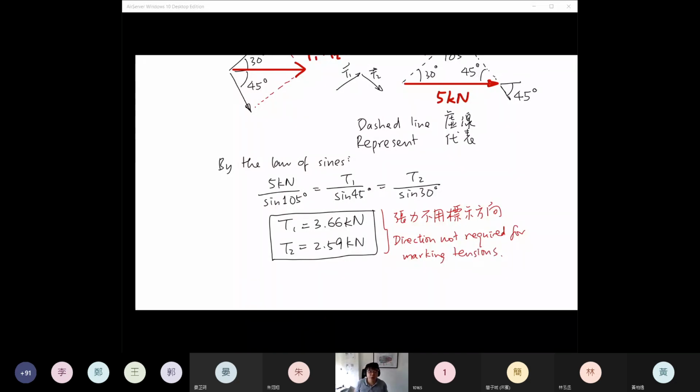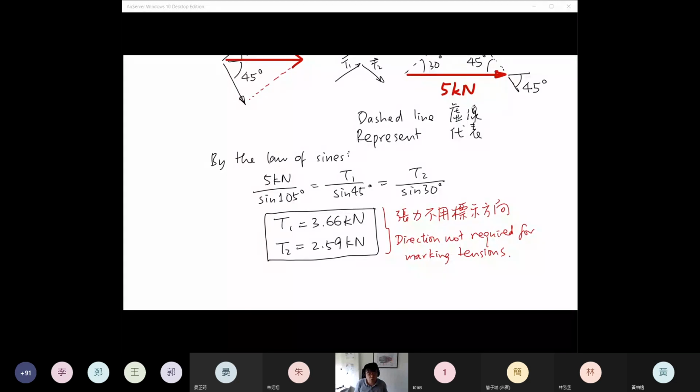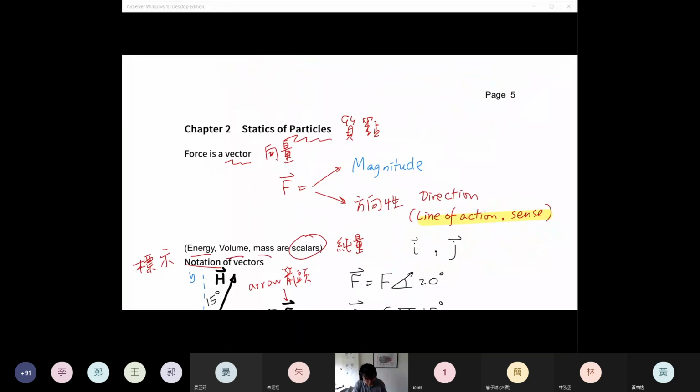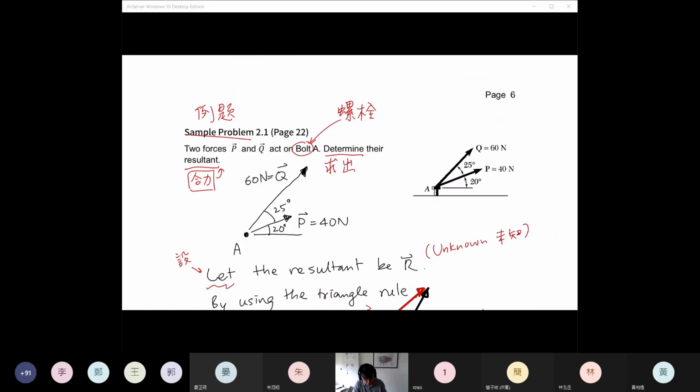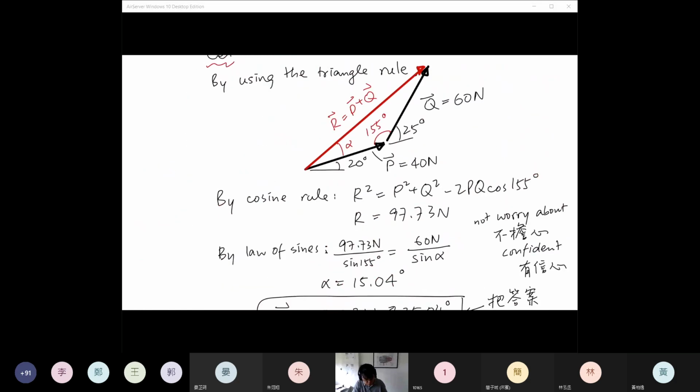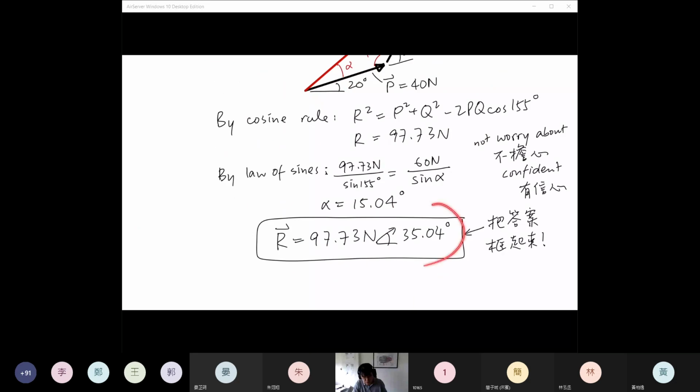For other forces, I'll go back to page 5 and page 6, where we had this thing about the direction.